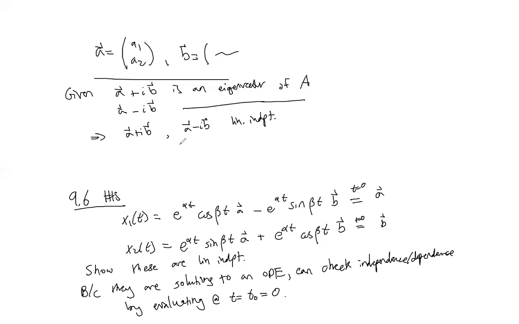If these two vectors are linearly independent, let's call these vectors something. I think we should be able to say that v1 plus v2 and v2, for example, are linearly independent.